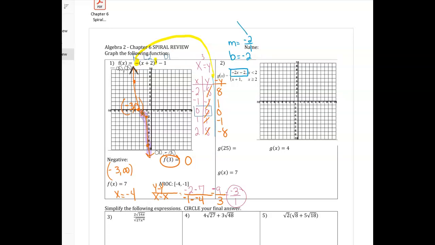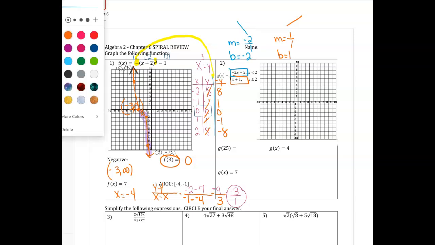When I'm ready to graph the next line, I'll have a y-intercept of 1, a slope of positive 1, and that line will be going uphill. And I don't want to graph the full line, I just want to graph the pieces of it. So I'm going to go to my x less than 2, x is greater than 2 piece, which is right here.